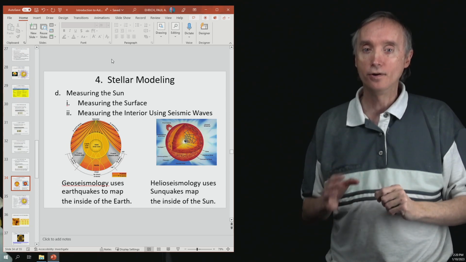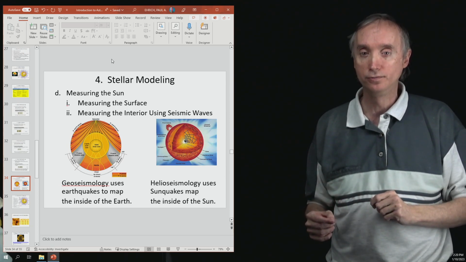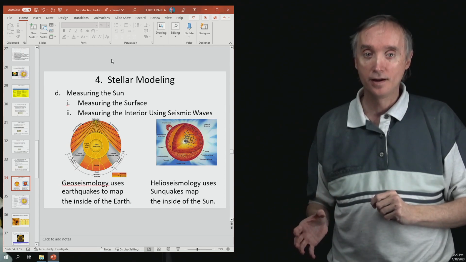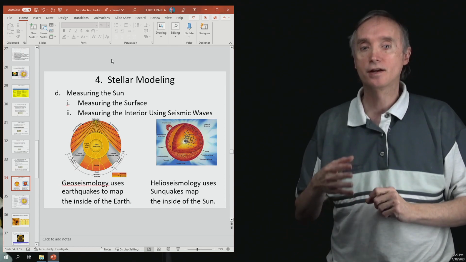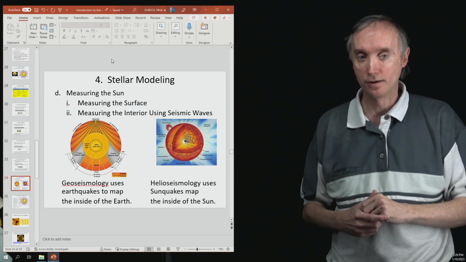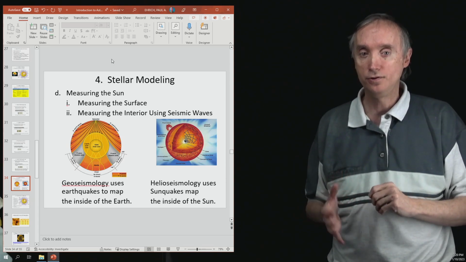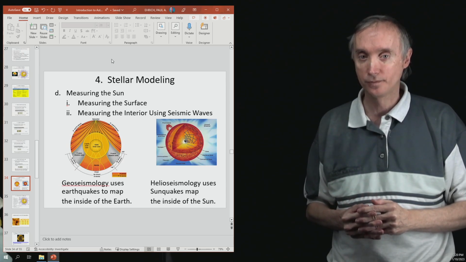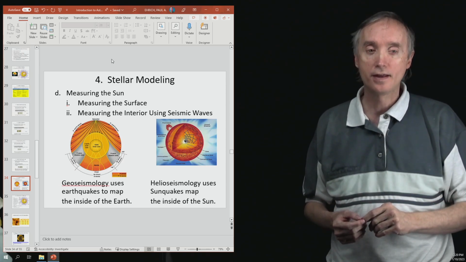On Earth, we call this geoseismology. Geo means Earth. And when it's the sun, it's called helioseismology: the use of sunquakes in order to map the inside of the sun. I would like for you to know that definition.